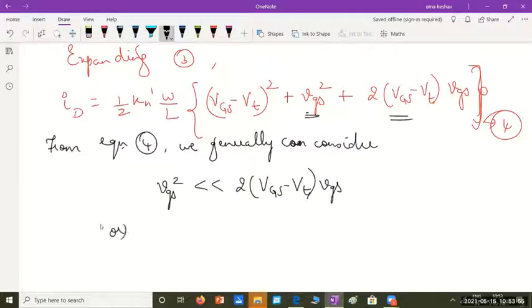Or in other words, I have vgs on both sides. I'm comparing the second term with the first, how can I put this, much less? Can somebody tell me? What analysis are we doing? Please speak up.